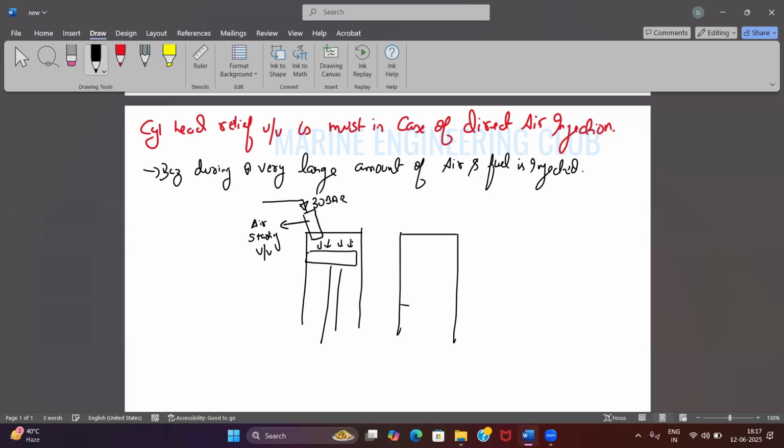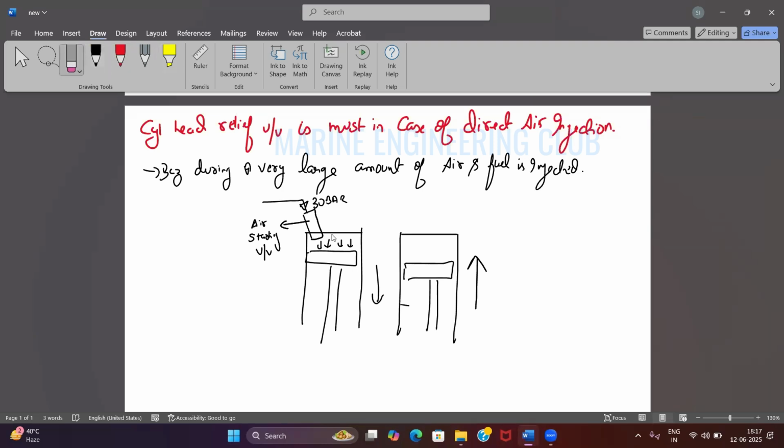This is pushing my piston down, agreed? Yes, sir. But somewhere else, on the other unit, the piston might be coming up. This is going down, this is coming up.